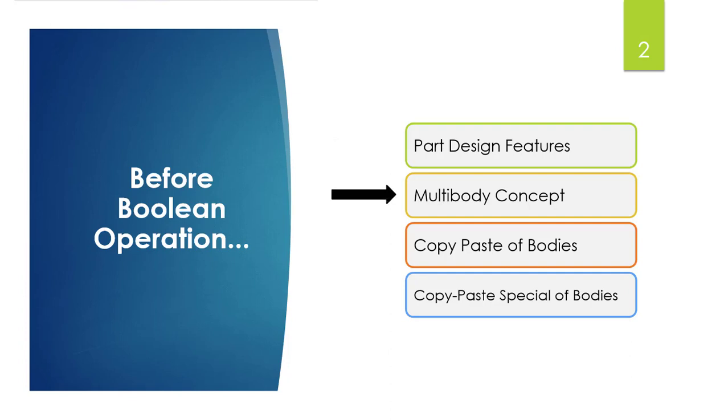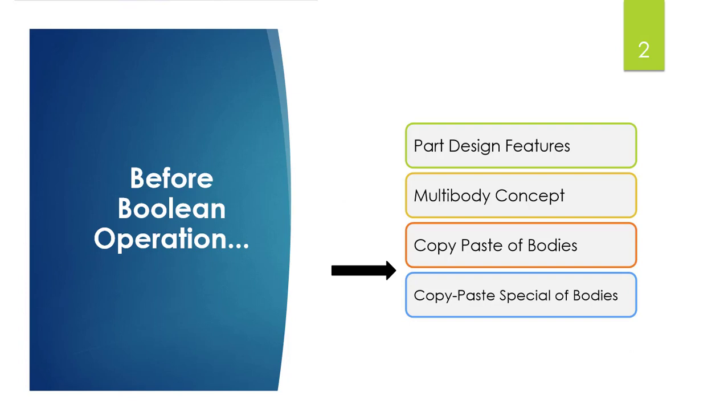Then we have seen how we can create those multiple bodies, how we can make different bodies, and make our particular part simple for applying the Boolean operation. Next comes copy paste and copy paste special of bodies.